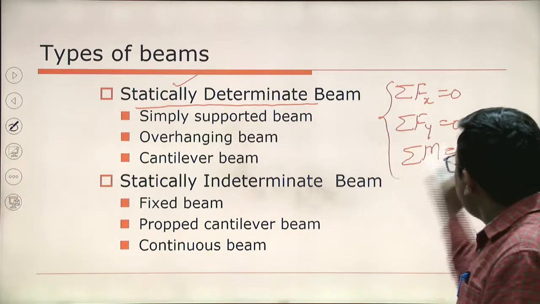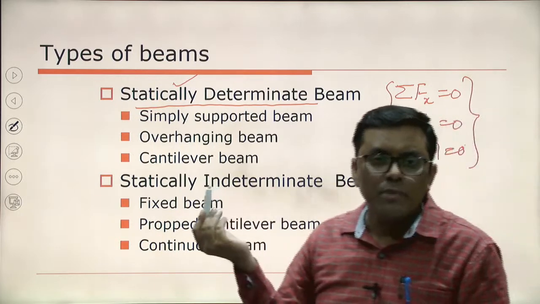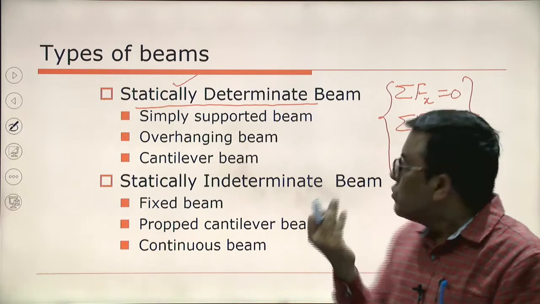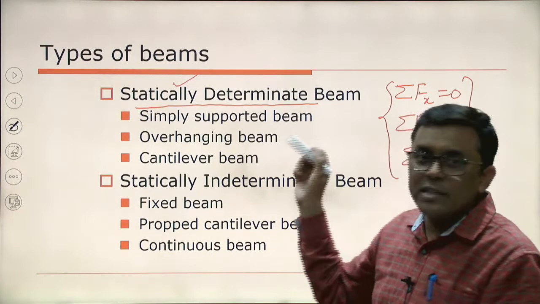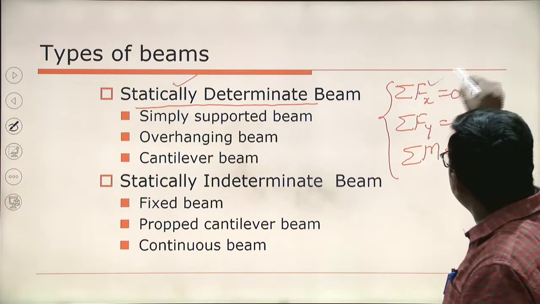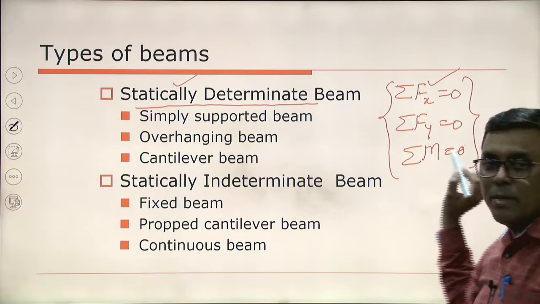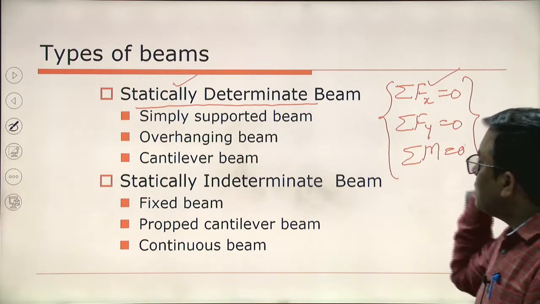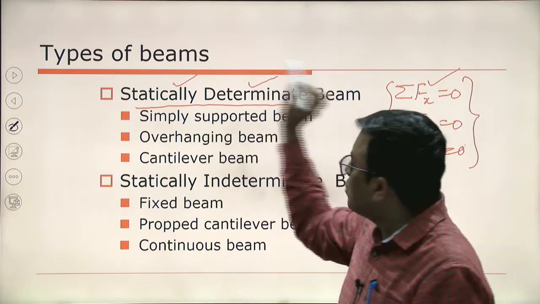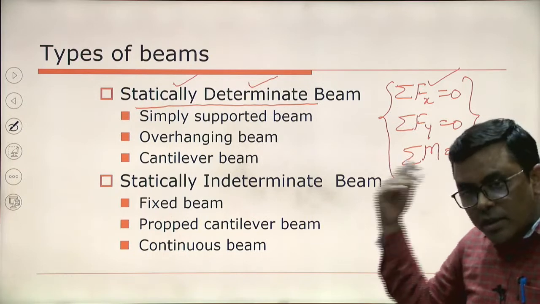So for finding out support reactions, what do we have? We have these three equations for finding out the support reactions. If the support reactions for any beam can be easily found with the use of these three equations, sigma Fx, sigma Fy and sigma M equals 0, then these come under the category of statically determinate. Statically means static equilibrium, determinate means can be determined.